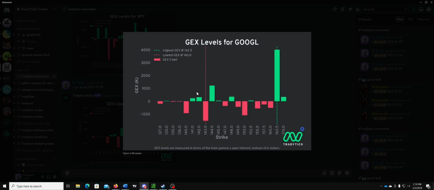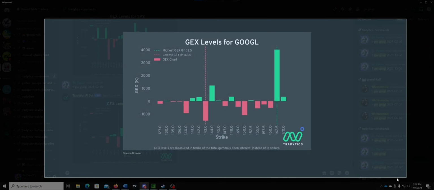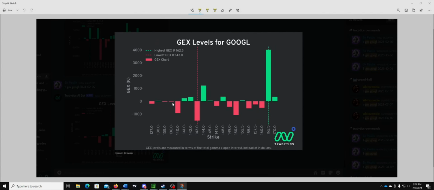Let me see if I can capture this and draw on it. This combination here of red and green, and this combination of red and green, could push the price past 143.50 and past the 144 bar. Could be enough strength to do it.